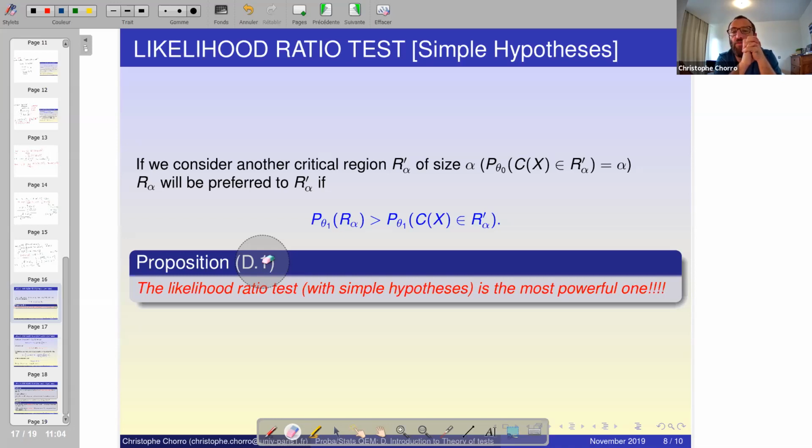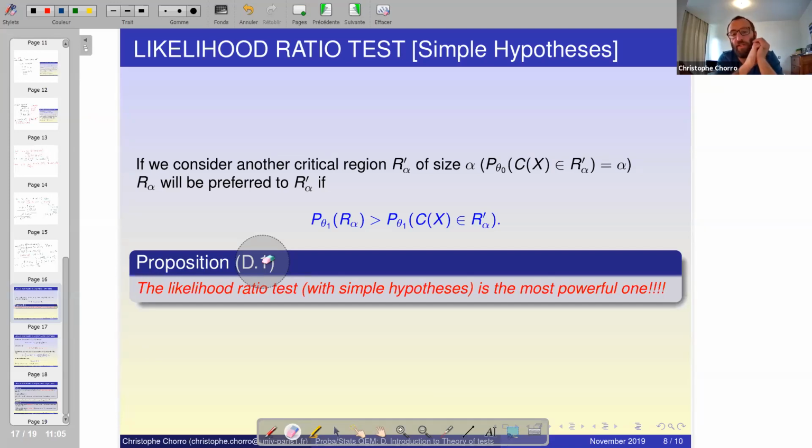How are we going to do that? Very basically, if I fix the level, then I have to look at the power of the test. I want this power to be big, that is my beta defined previously to be small. So in order to compare my two tests, I will compare their power, which is just the probability computed under the alternative hypothesis, that is under the parameter theta 1.